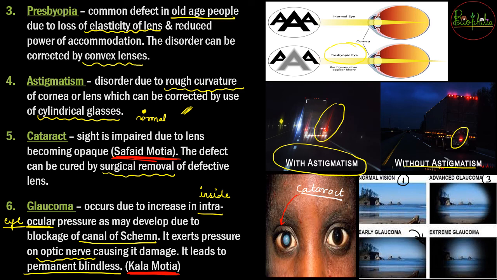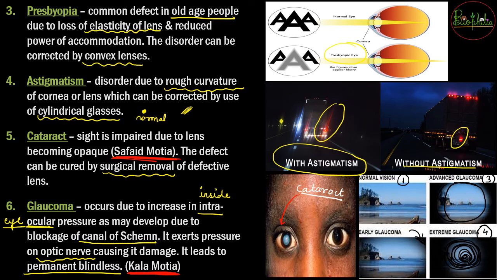In advanced glaucoma, the third stage, you can see that the ends of this particular image have been blackened and only the central circular area can be visualized, whereas in extreme glaucoma, that is stage 4, a much smaller part of the area can be seen, and gradually the blackened area will advance and it will turn out to be complete blindness.